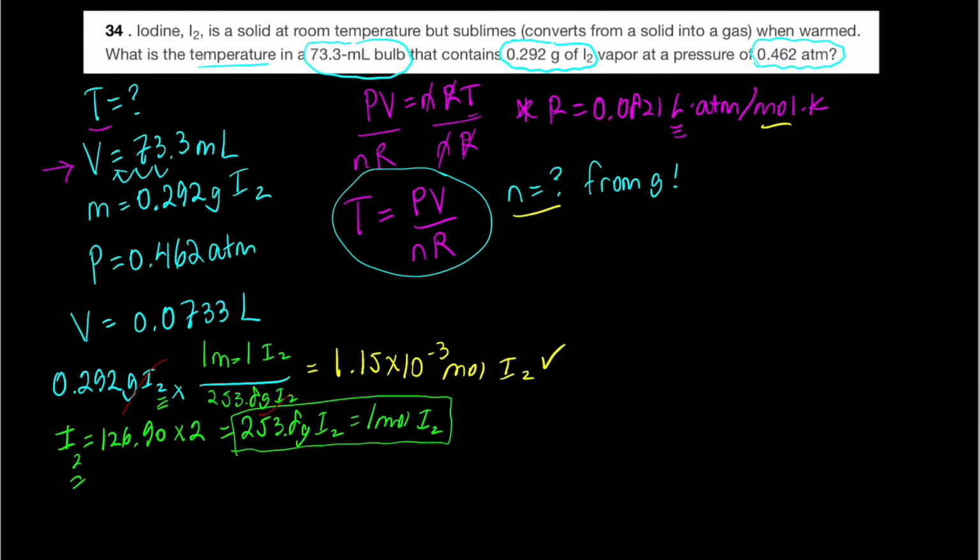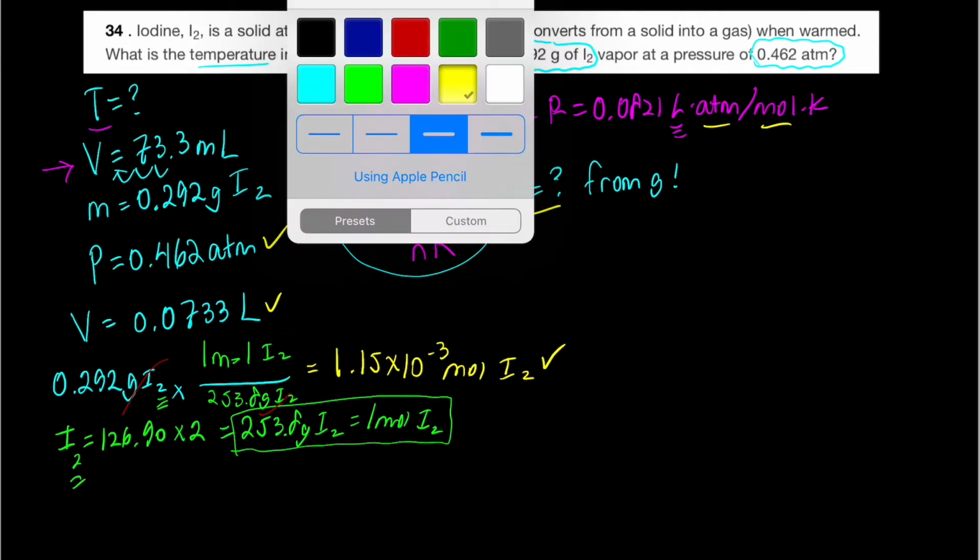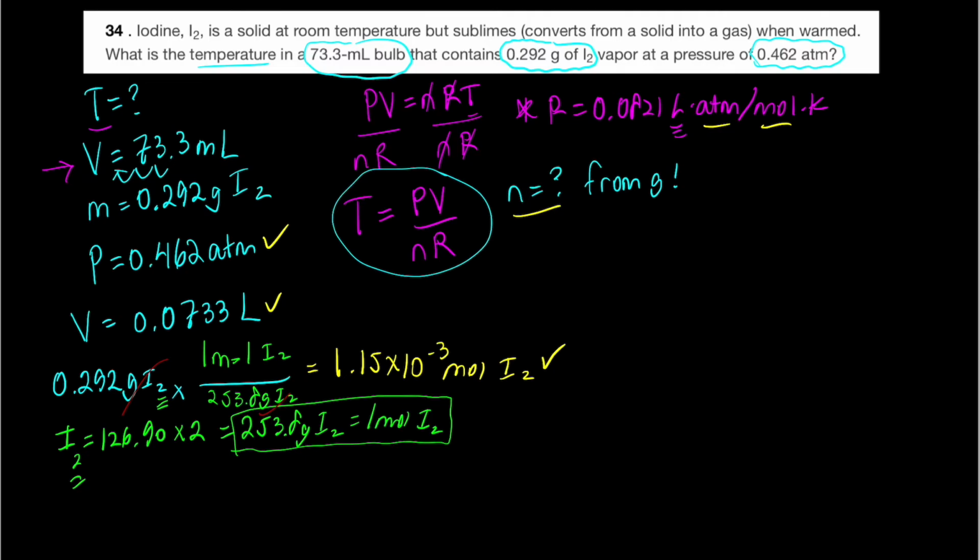Now we have the moles of iodine. So we have liters, we have moles. Pressure we need in atmospheres, and that's already in atmospheres, so that's great. We've got everything set up before we just plug everything in. Temperature is PV over nR, so let's plug and chug. P is 0.462 atmospheres.